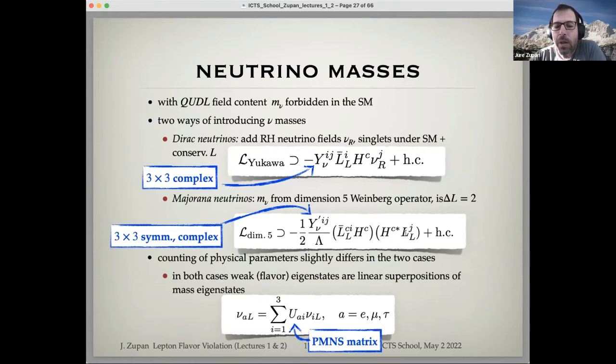What is written here takes advantage of the fact that H times L, where the H field is a scalar doublet and L is a fermion doublet, have exactly the same standard model gauge numbers. So H and L you can combine in a way that is a standard model gauge singlet. And then the 2 fermions that are in the same representation of the Lorentz group, you can combine them to form a singlet.